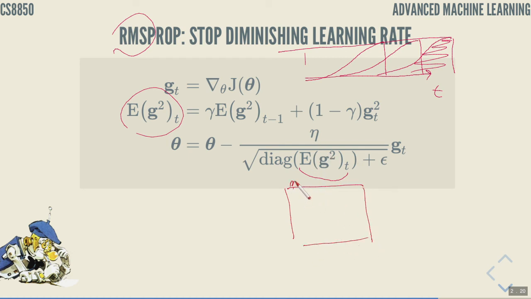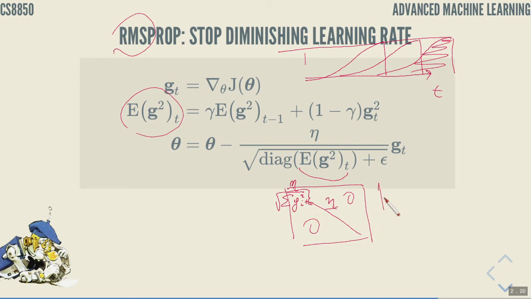This eta is the same, divided by the corresponding element of this vector, which is the sum of the g squared i-th elements, eta divided by, well, the sum squared plus epsilon, for numerical stability.